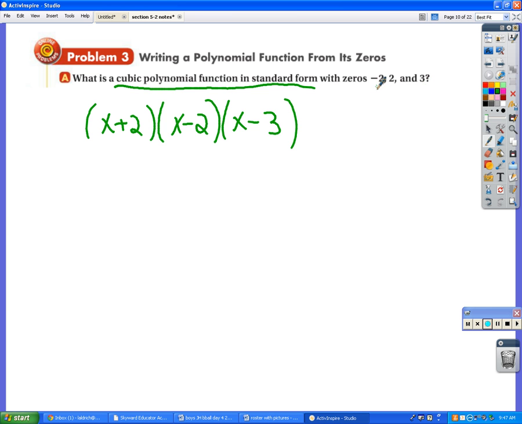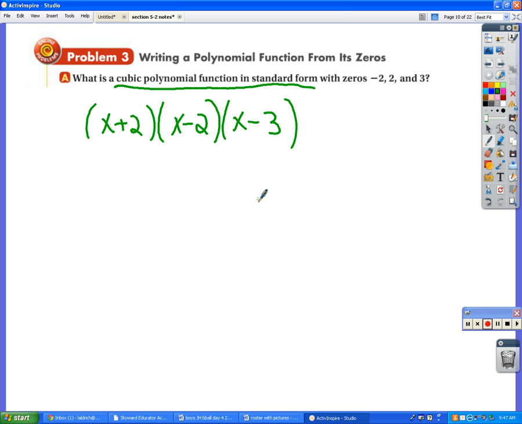Now they're giving us the answer, and we come up with the question. They want you to be able to do it front and back. You started with the thing and then factored it into this.